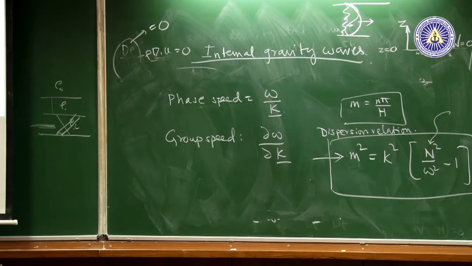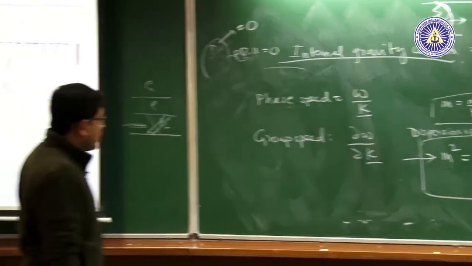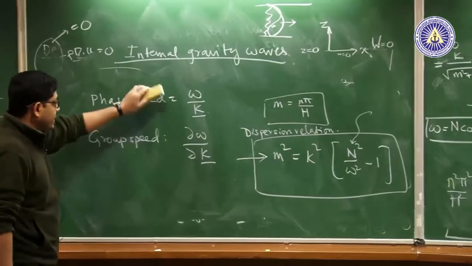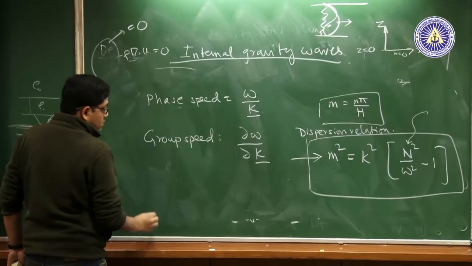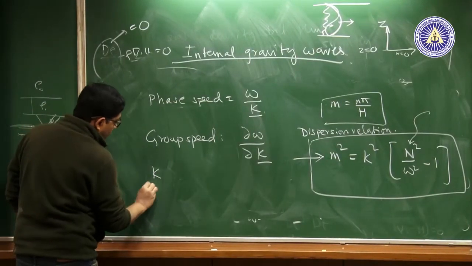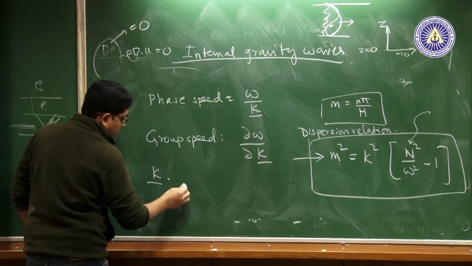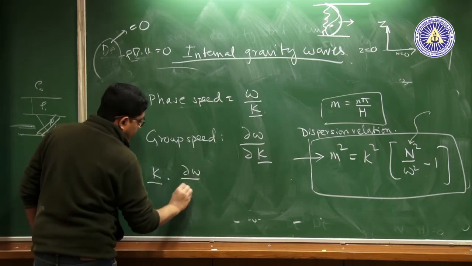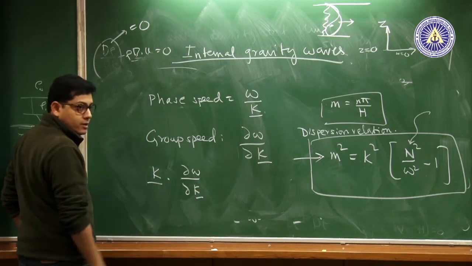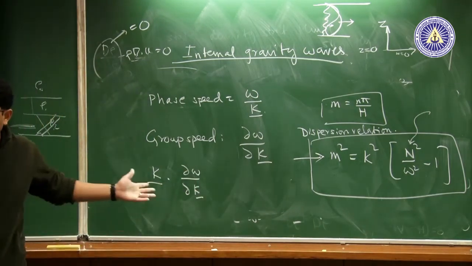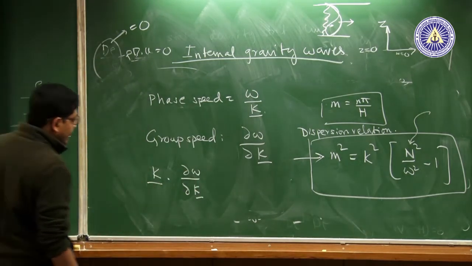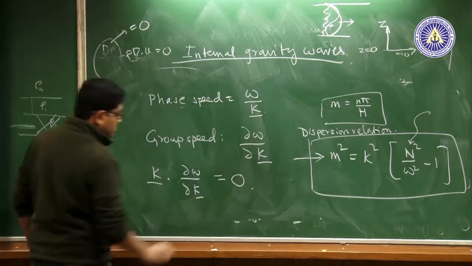If k is a vector, then it's a velocity. Yes, I am just writing it. So it turns out that del omega del k is a grad operator, basically grad with respect to k, and k dot grad k omega turns out to be 0.